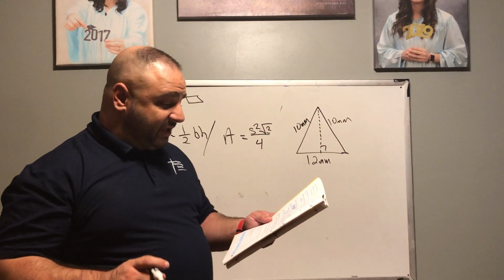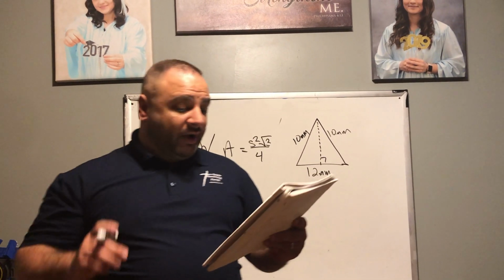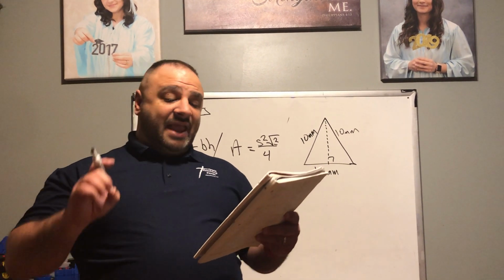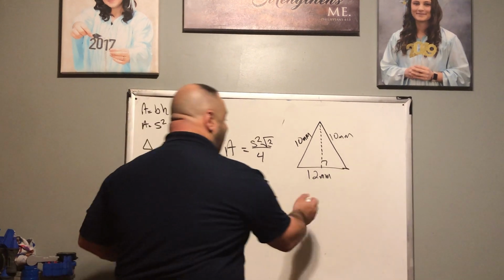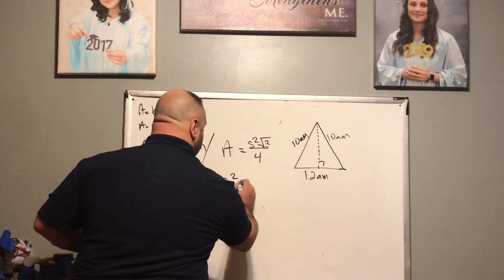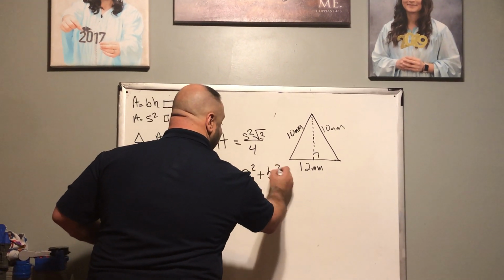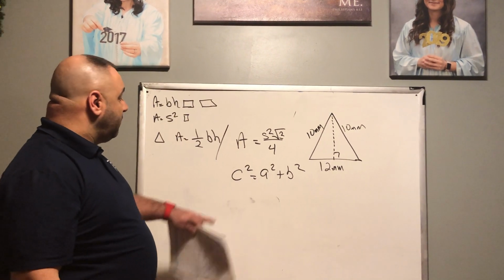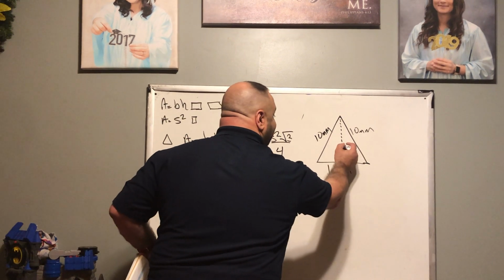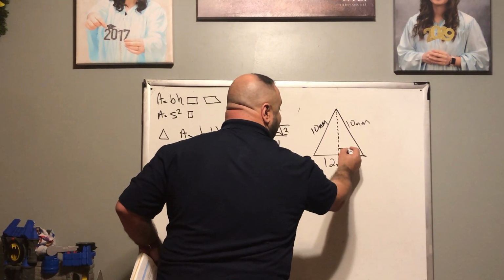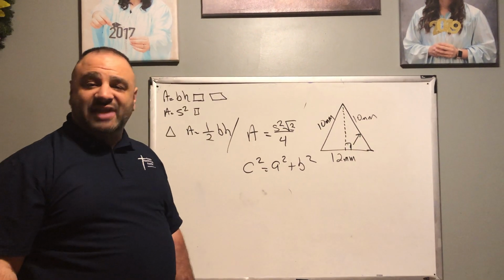The question is simply this: find the area of an isosceles triangle. Again, use the Pythagorean theorem to find the altitude. So the Pythagorean theorem, class, remember? We want to find the altitude here. If this is the right angle, what side of the right triangle is that, class?